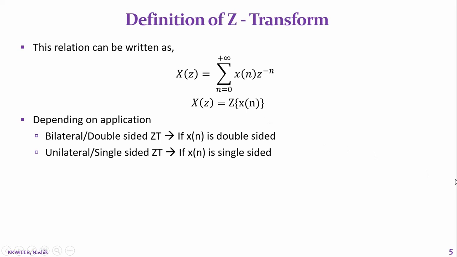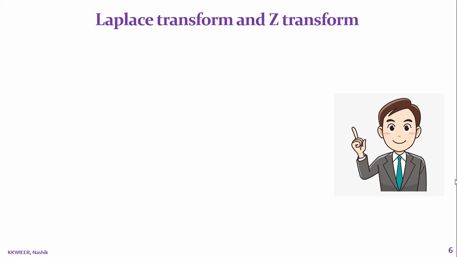Now depending on the application, if your input signal x of n is double-sided, then obviously you will use the double-sided Z transform. If x of n is single-sided, then you will use the unilateral or single-sided Z transform. Now let us understand the relation between Laplace transform and Z transform.